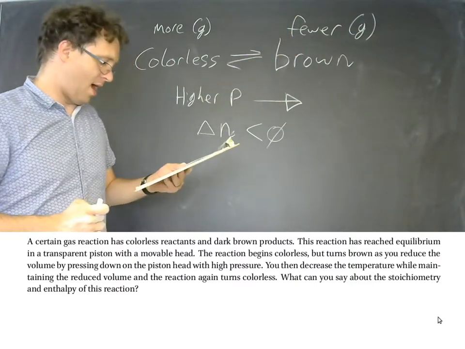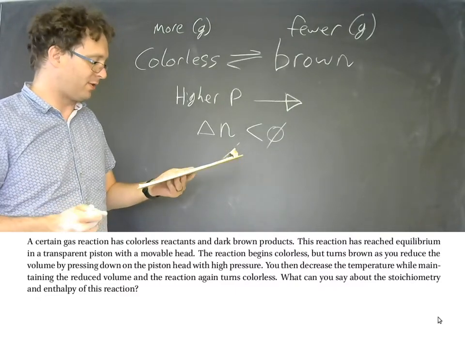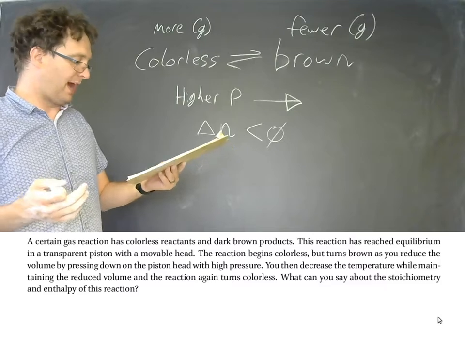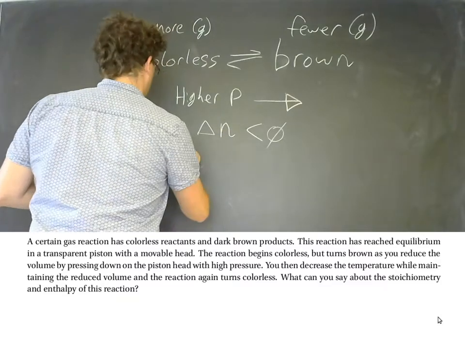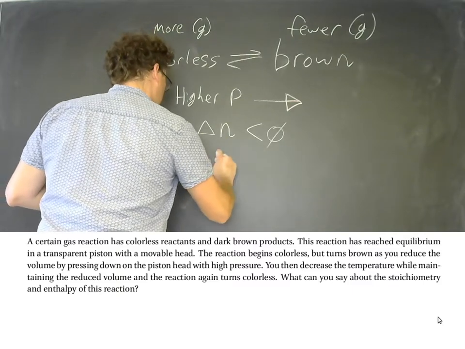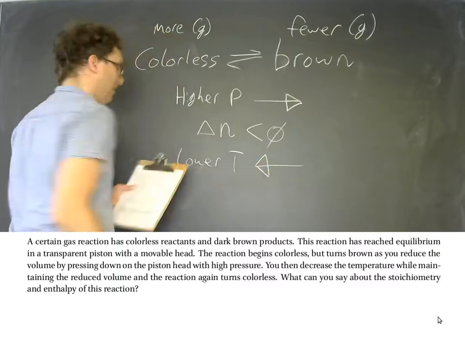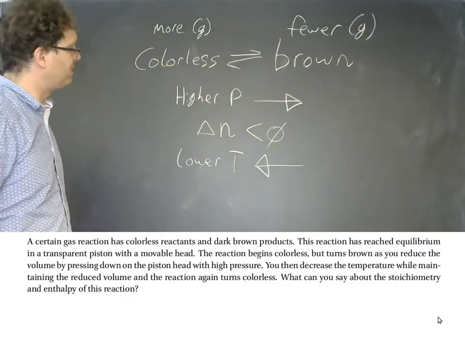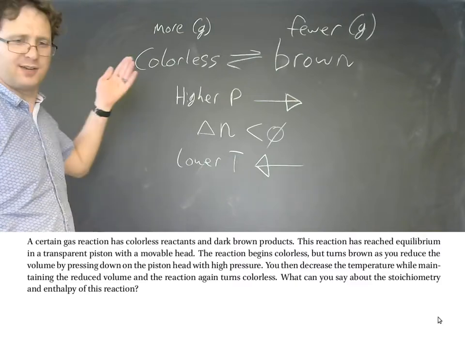And then you decrease the temperature while maintaining that reduced volume, and the reaction again turns colorless. And so lower temperature shifted it back to the left. Right? We decreased the temperature. If we decrease the temperature, that's as if we removed heat.